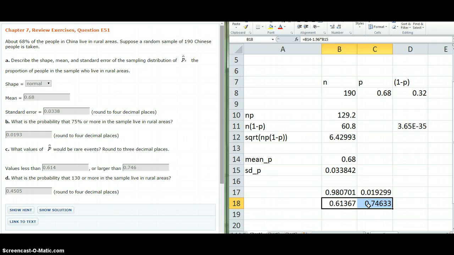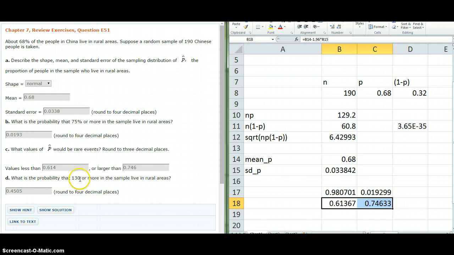Well, let's say I took 100 of these random samples, each of which had 190 Chinese people in them. So I've taken 100 samples now, not just one. I would expect roughly 95 of these 100 samples to have a proportion of rural people somewhere between 61% and 75%. There'd be some of these samples of 190 that had a lower percentage than this or a higher percentage than this, but those would be rare, maybe 5 out of those 100 samples, give or take a few.